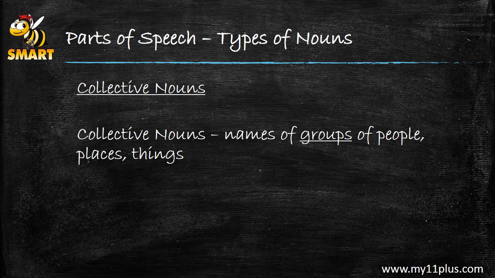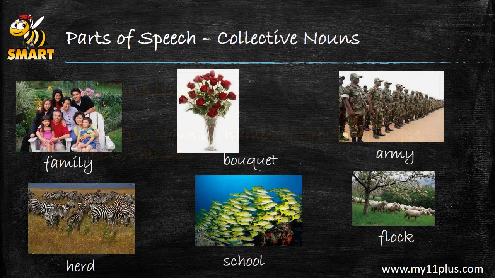Another type of noun that we're going to cover are collective nouns. Collective nouns are words that we use to name groups of people, places, or things. Okay, collective groups. Examples of collective nouns would be words like family, bouquet, army, herd, school, flock.